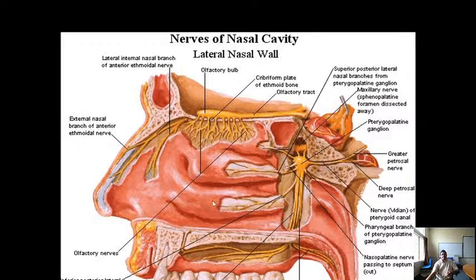Then, the structure, the various, the mucus lining, and also the various blood vessels and peculiarity of the inferior turbinate blood, the venous sinusoids. Then the nerve supply, the sensory supply, and of course the parasympathetic, sympathetic outflow.